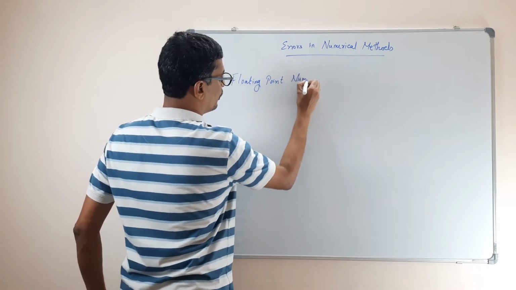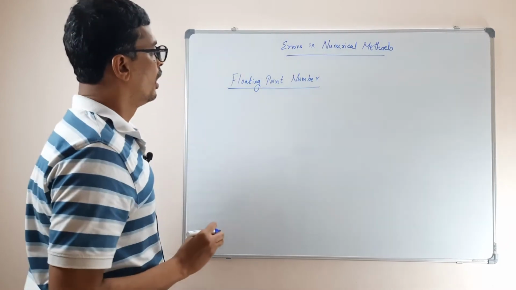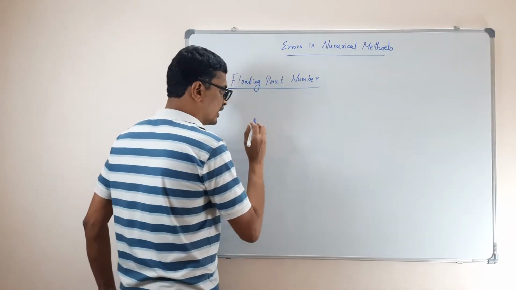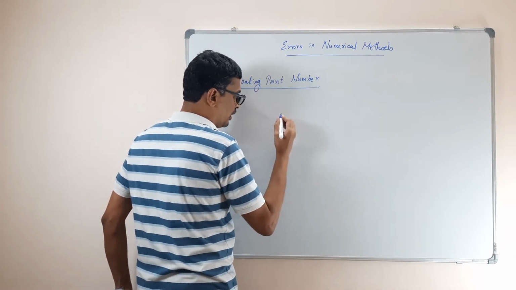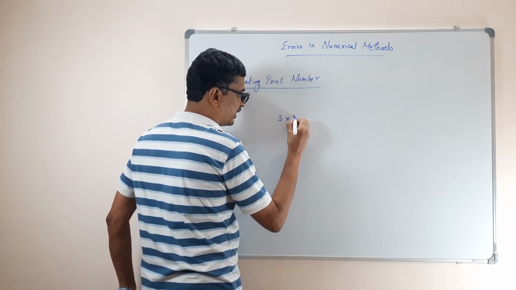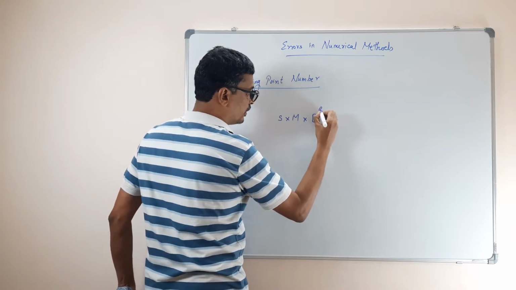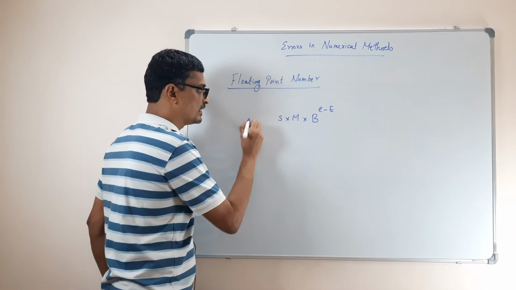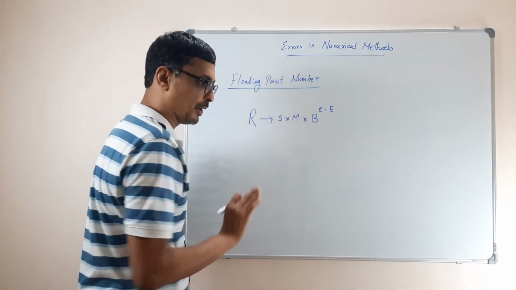A floating point number is represented in the computer in this scientific form: a sign bit, times the mantissa, times the base to the power of the exponent, and a bias. This is the way any real number is stored in a computer. We will come to it one by one.